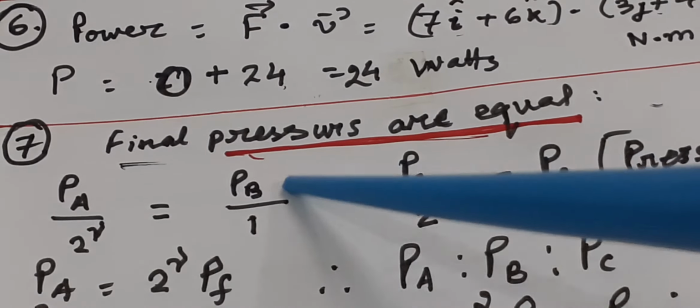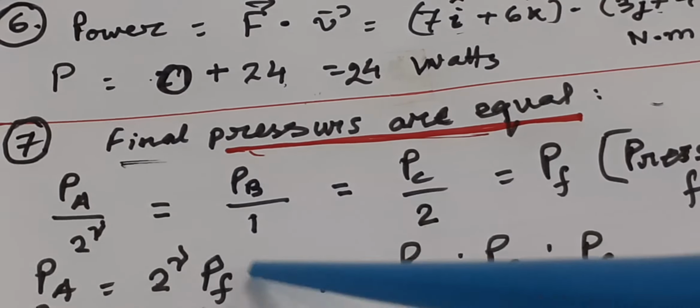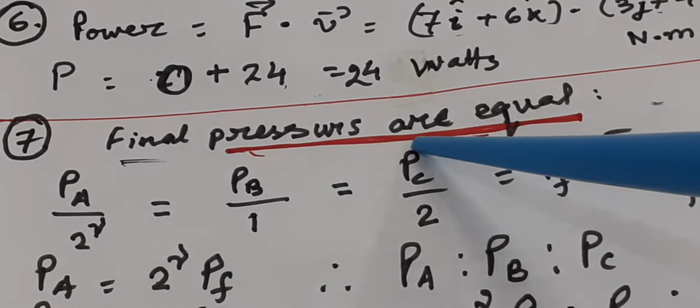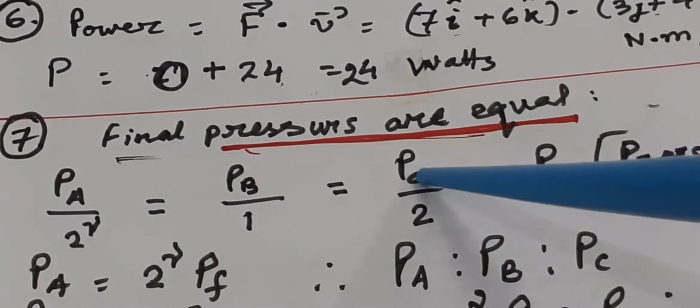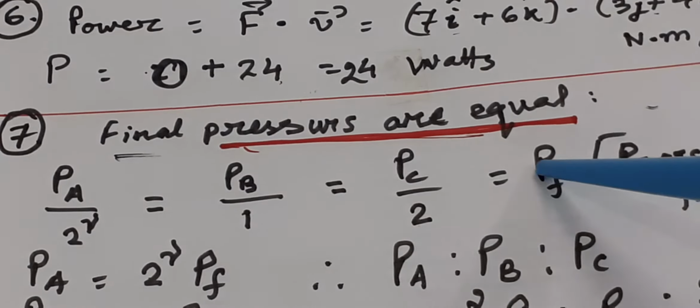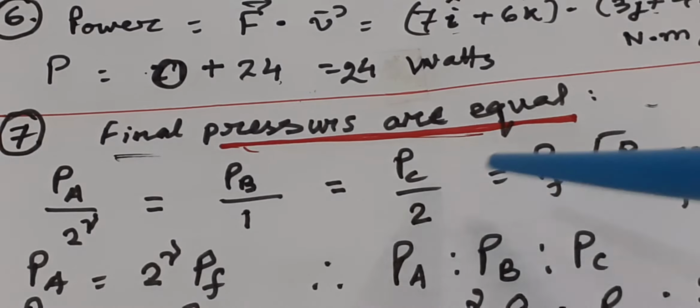Similarly for isobaric, there is no change in pressure, so it will remain the same: PB equals PF. For isothermal expansion, where temperature is constant, P1 V1 equals P2 V2, only 2 will come, so PC is 2 PF.